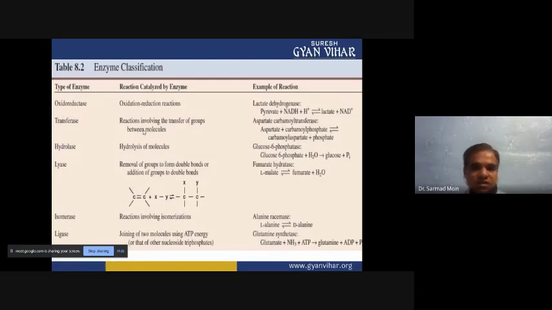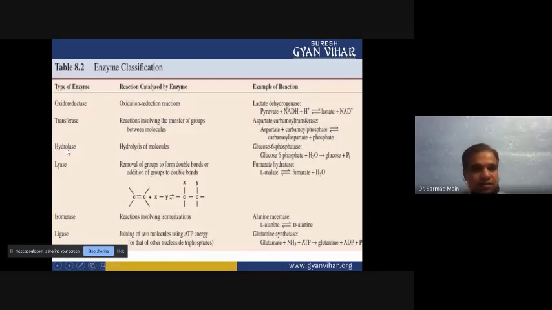One example is aspartate carbamoyltransferase. It acts on aspartate and carbamoyl phosphate and converts them into carbamoyl aspartate and phosphate. So this reaction is catalyzed by aspartate carbamoyltransferase.